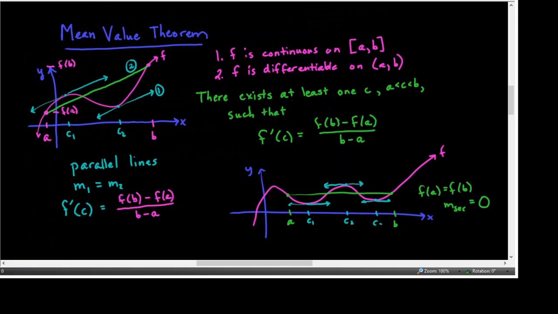So, in essence, Rolle's theorem can be thought of as a special case of the mean value theorem. And by the way, people who use mean value theorem a lot will abbreviate it MVT for mean value theorem. So that's a good use of that.